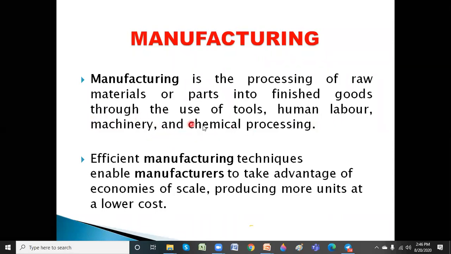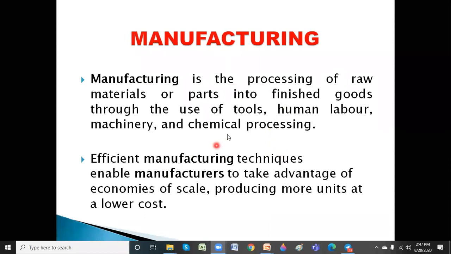Then finally, you need some coolants, lubricants, etc. So that's the basic definition of manufacturing: a process of converting raw materials into finished goods by using a tool, labor, machinery, and some processing with a coolant, etc. That's called a manufacturing process.